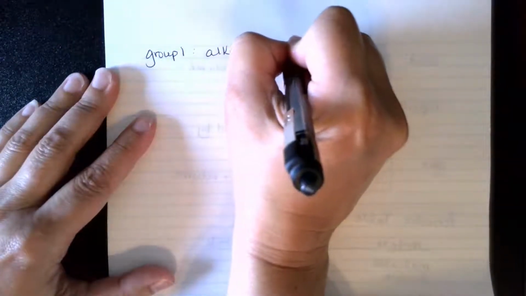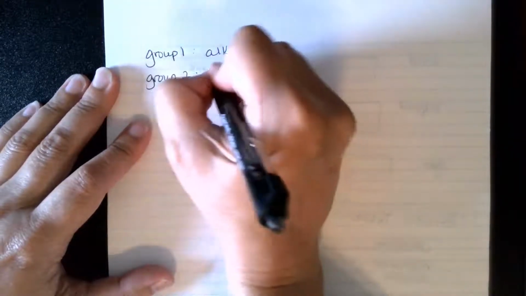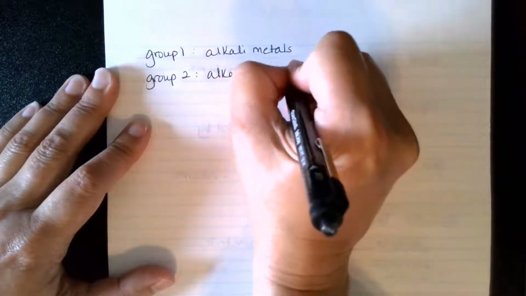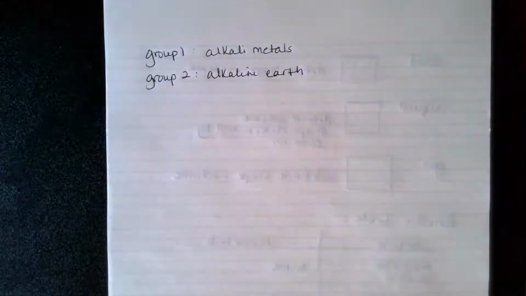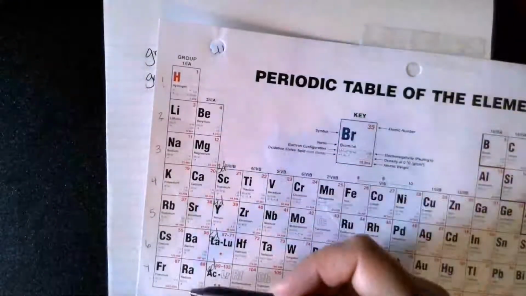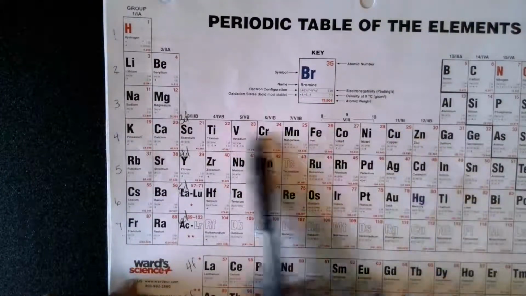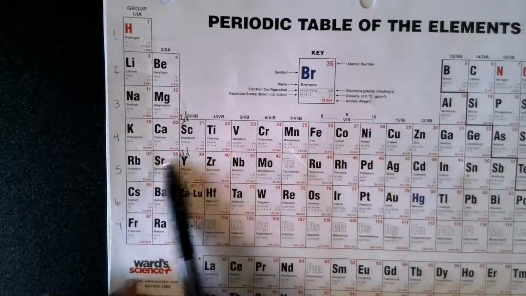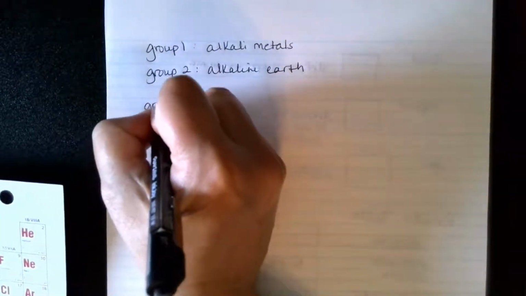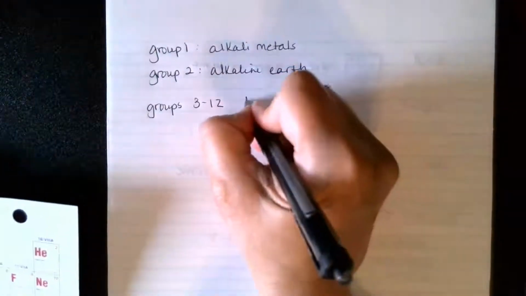And then we have group 2 going down, and group 2 are the alkaline earth elements. So once again, this is group 1 and then group 2. Then we have this big area in the middle that sticks down below. Those are called the transition elements. So groups 3 through 12 are the transition elements.